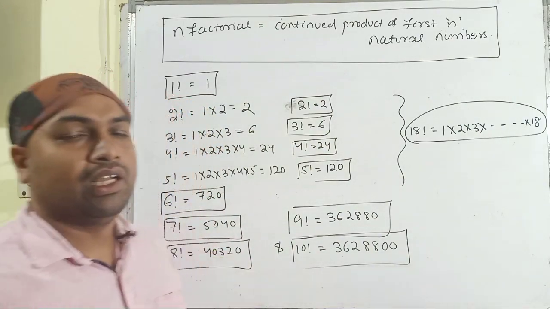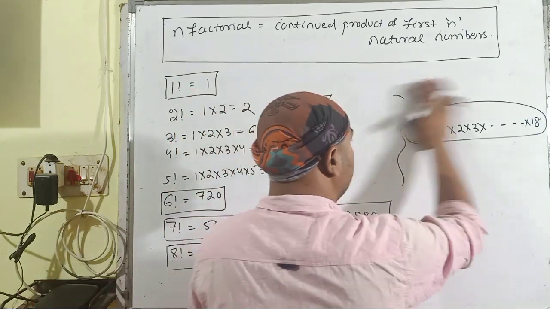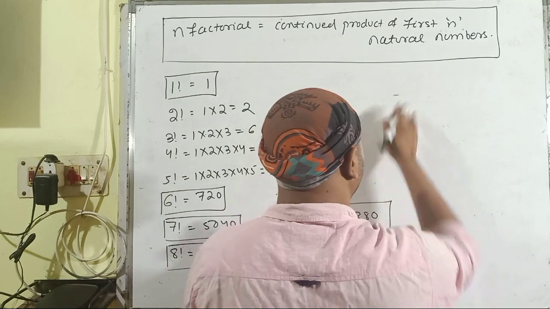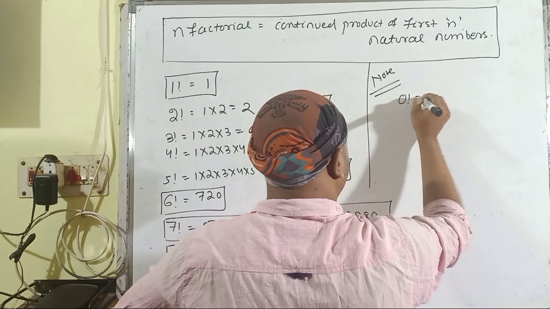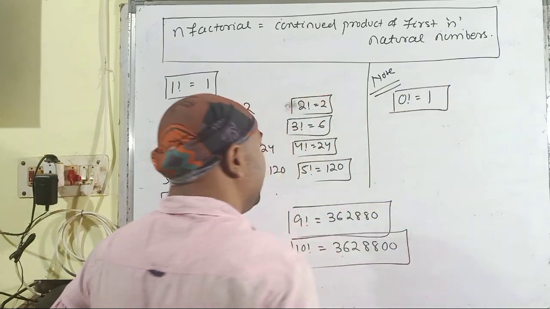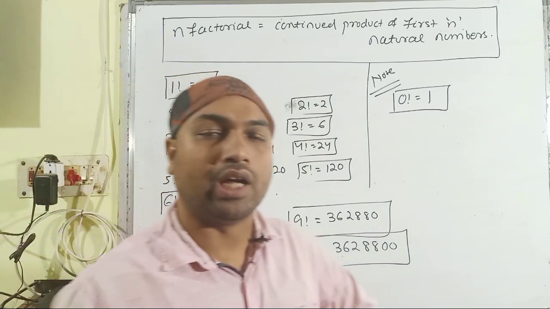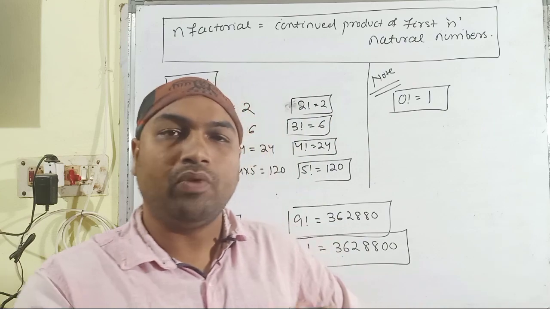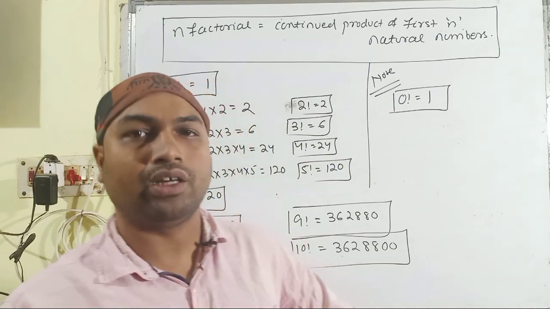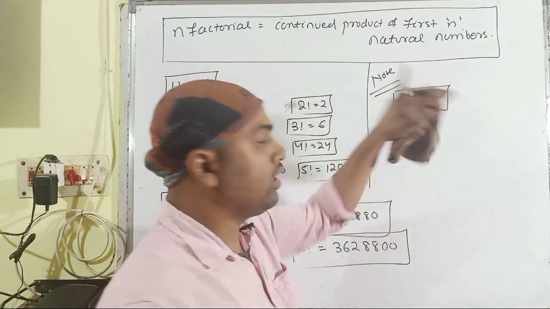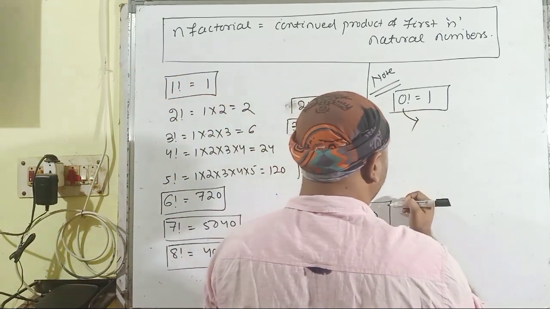Then there is another, exceptional case. That is a note: 0 factorial is equal to 1. It contradicts our given definition, because the definition tells us that it is the continued product of the first n natural numbers, that means the product of all the numbers starting from 1 up to that number. But 0 factorial is equal to 1 contradicts our definition, and it is an exceptional case.